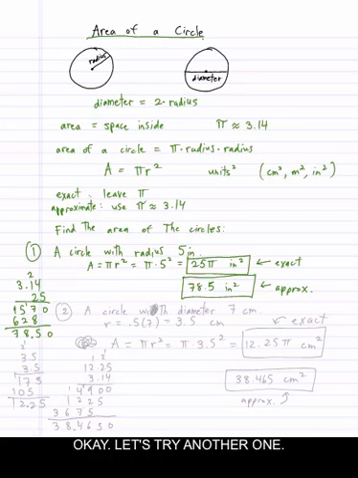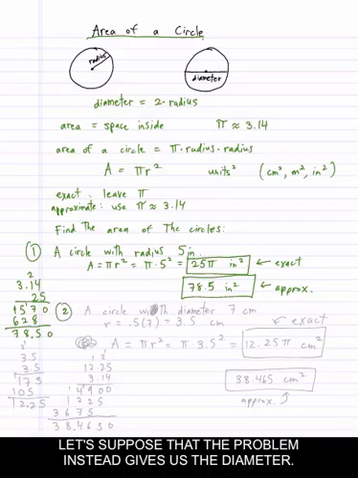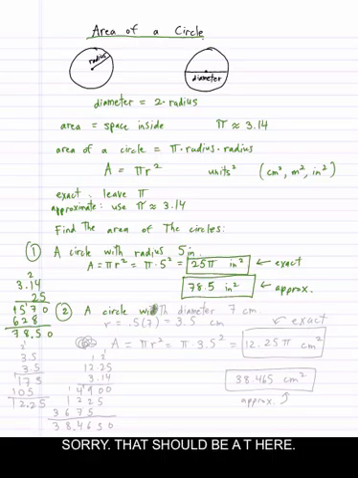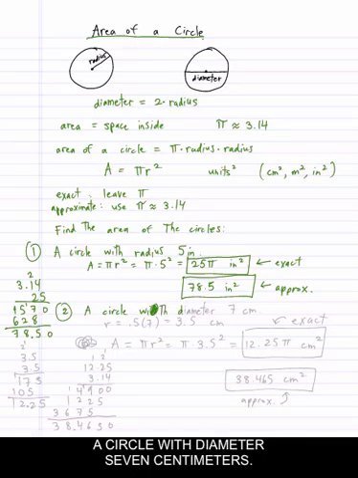Okay, let's try another one. Let's suppose that the problem instead gives us the diameter. A circle with diameter 7 centimeters.